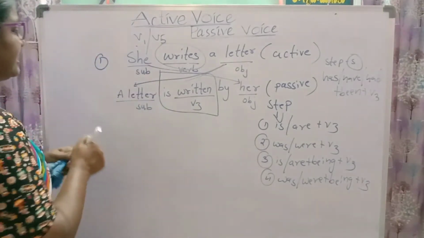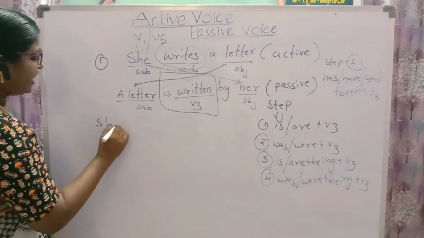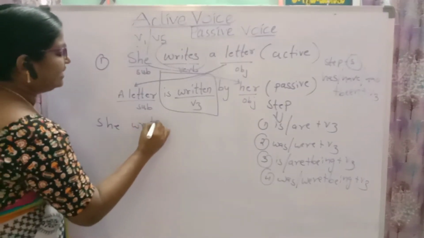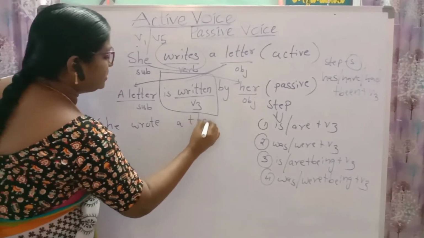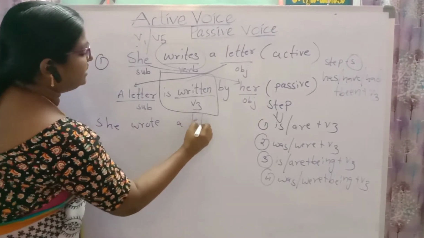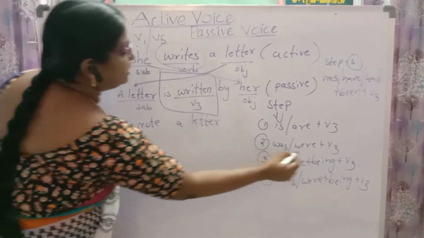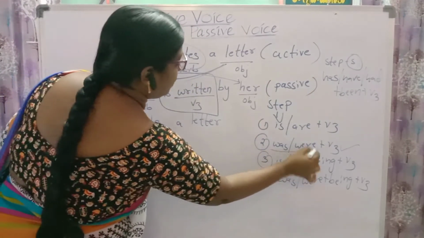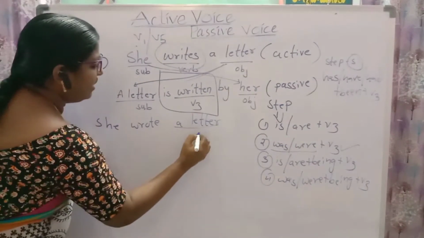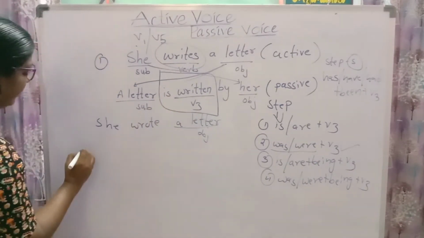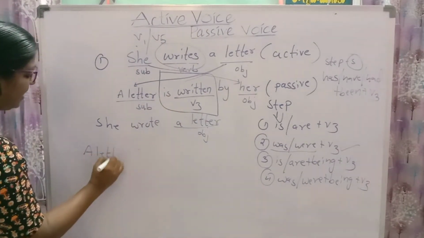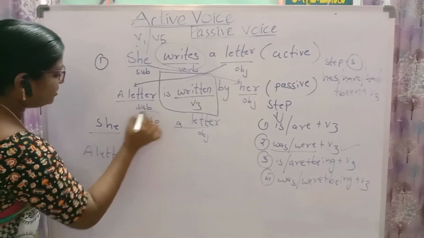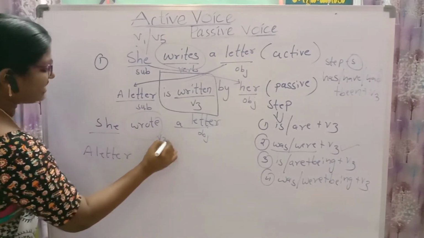If the sentence is in simple past, she wrote a letter, then we have to follow the second step, that is was, were. Here a letter, the object, becomes the subject, and the verb V2 is in past tense.